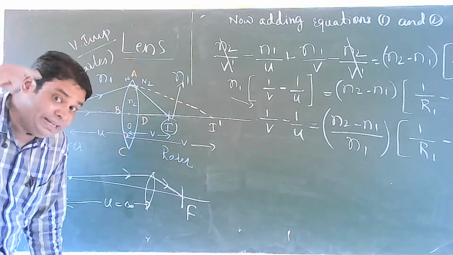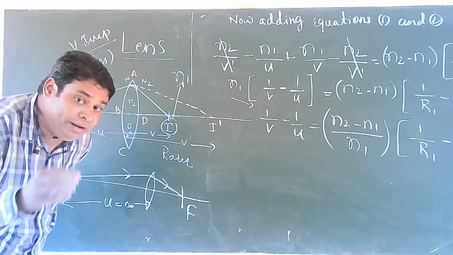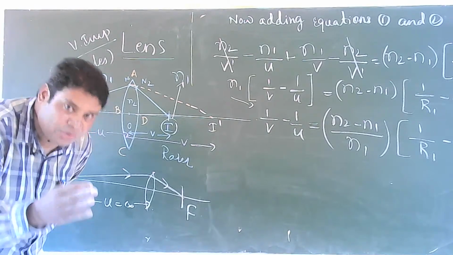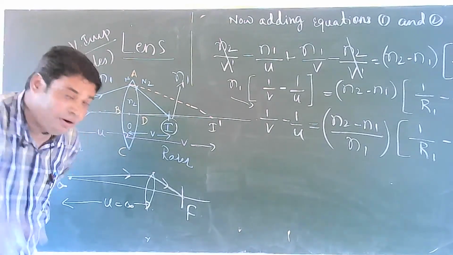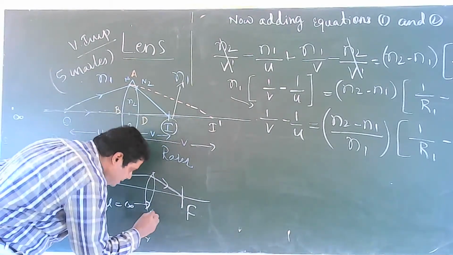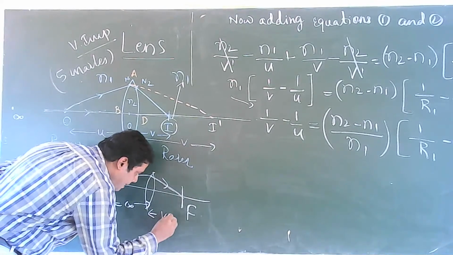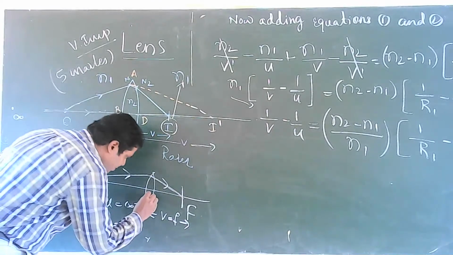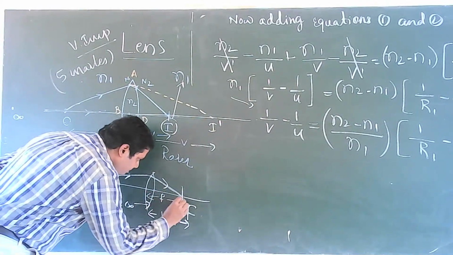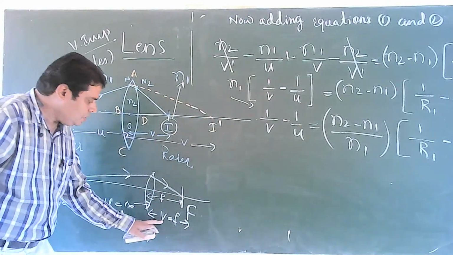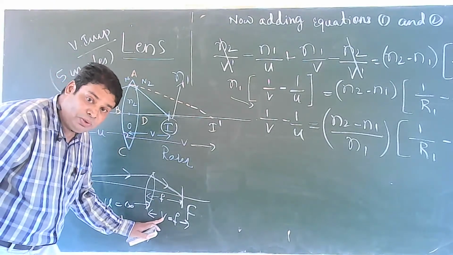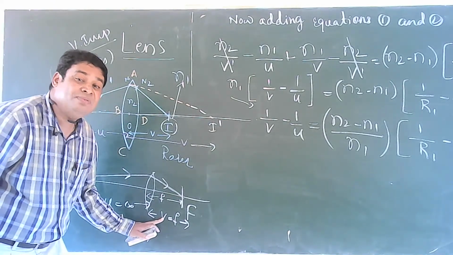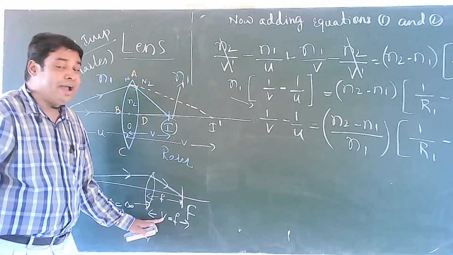When you place the object at infinity, what will be the nature of your image? Your image will fall at the principal focus, such that v is equal to f. Why f? This distance itself is f. Here, your image distance will be equal to the focal length of the lens.